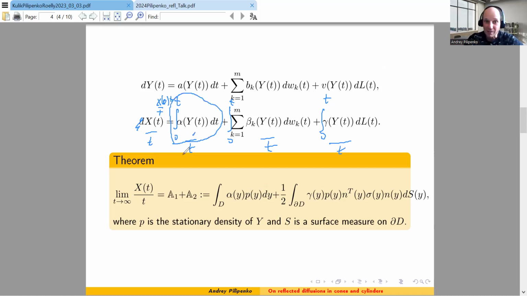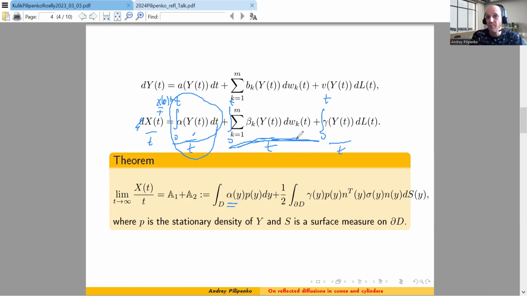The second is just a law of large numbers of additive functionals of a Markov process with nice mixing. And what is the limit of this? Just integral of this function with respect to stationary distribution. Now, what is this term?